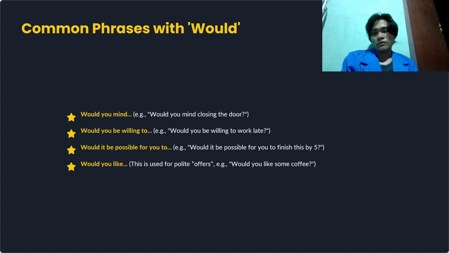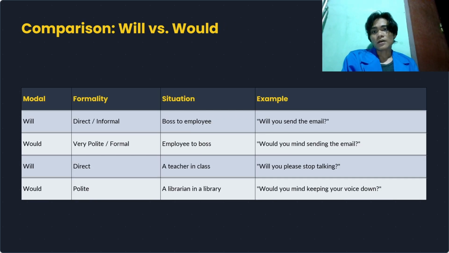Common phrases with would, for example: Would you mind? Would you be willing to? Would it be possible for you to? Would you like? For the example: Would you mind closing the door? The comparison of will and would.